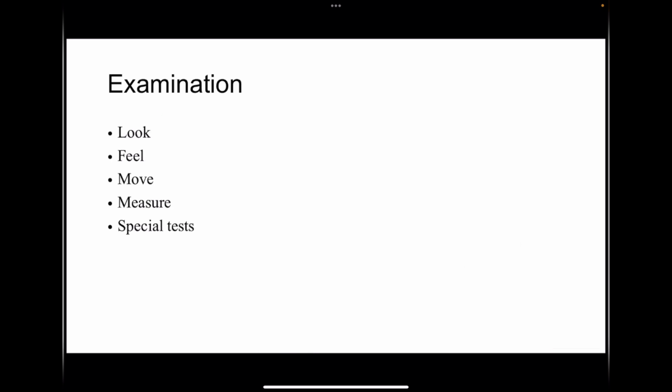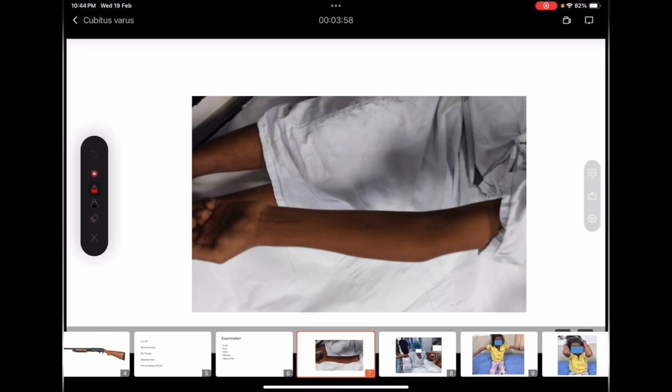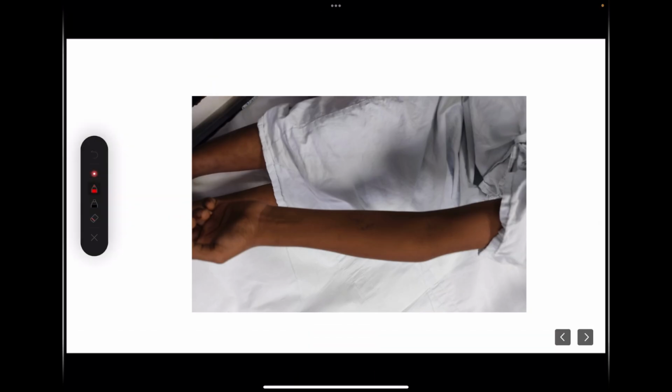Once we have taken the history completely, we should examine the deformity locally. Always follow the dictum of look, feel, move, measure, and then special tests. Firstly, we will just look at the child's deformity. A line along the long axis of the arm and another along the long axis of the forearm give us this deformity of cubitus varus. We should always compare it with the opposite side.